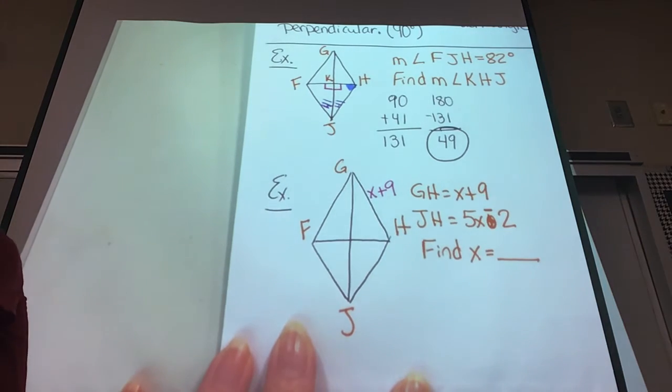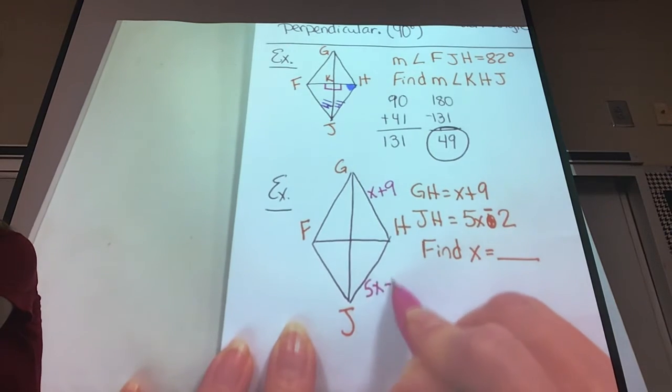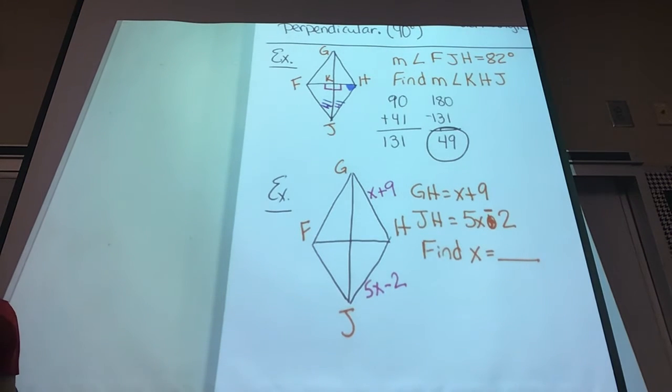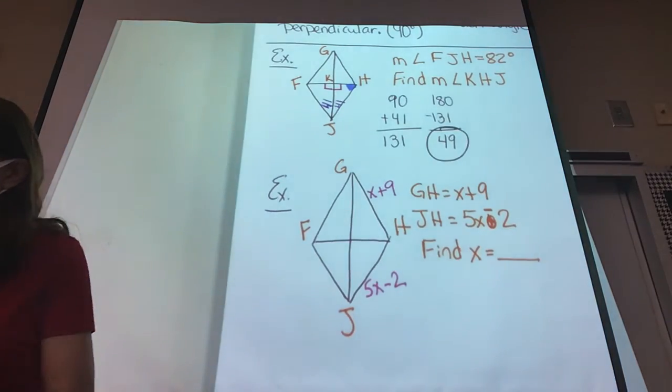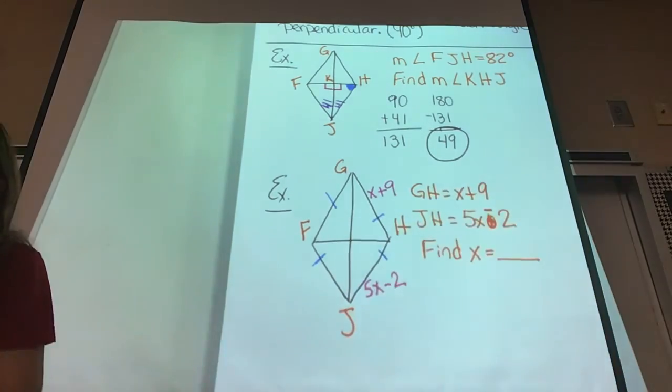We know that JH, that's this side down here, is our 5x minus 2. As I just said, all the sides are exactly the same. So every side is congruent.